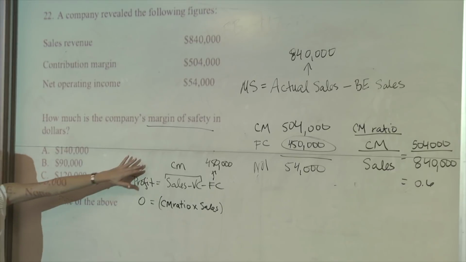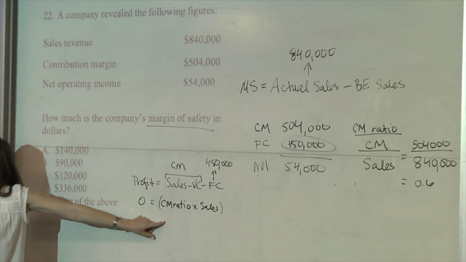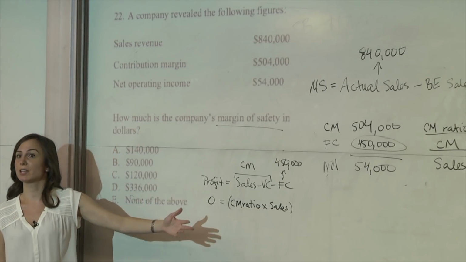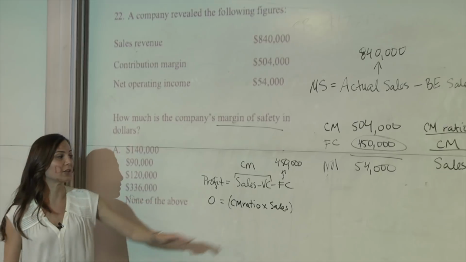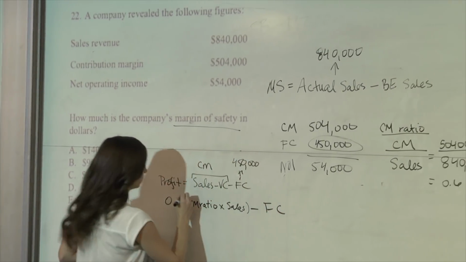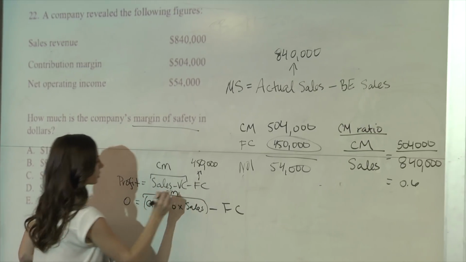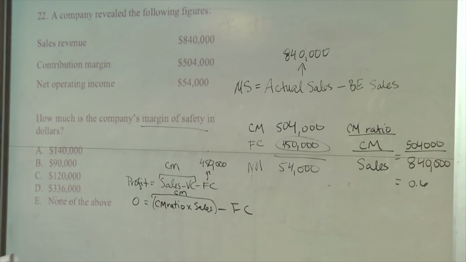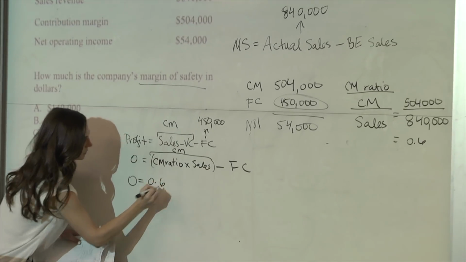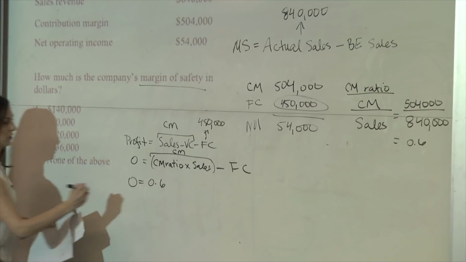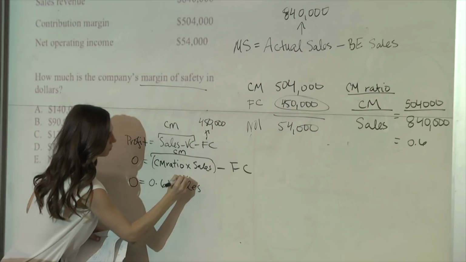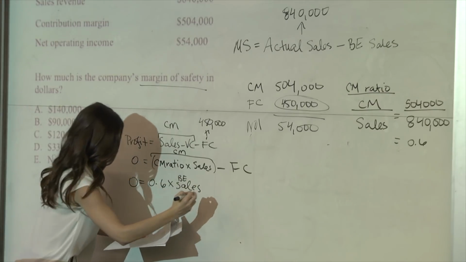So the contribution margin I'm expressing as the contribution margin ratio times sales, because we have that ratio. It's not going to change. So just a reminder, that's the contribution margin. Now we can figure this out, because we found the contribution margin ratio. We're trying to figure out our break-even sales.